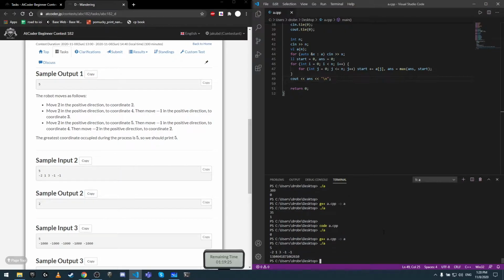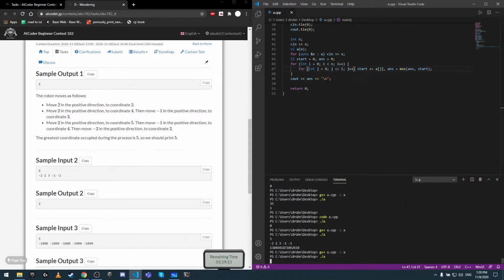Let's see if I can at least brute force the same answer. What the freak is this, bruh? Okay, so now I'm just trying to brute force it.